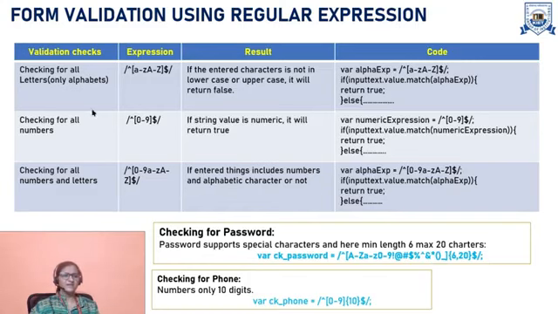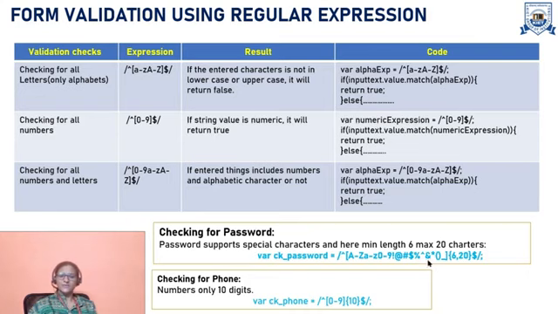So this is the validation. We can check the very important validations with the help of this regular expression. Now for the password, in case of password, we have to provide very strictness. So password supports special characters, this we know very well.